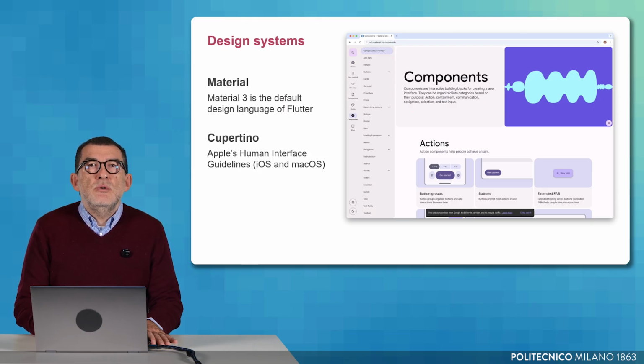It's important to understand that these design systems are independent of the actual platform your app is running on. Whether the app is deployed on iOS, Android, or the web, Flutter handles the low-level platform interactions. The design system only influences the UI's appearance and interaction style.